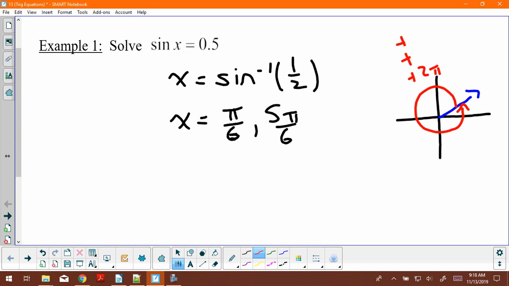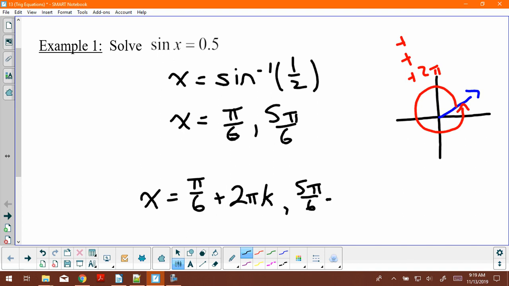So for the general solution to this equation, we're just going to tack on a little extra piece here. So x is equal to pi over 6 plus 2 pi k, or 5 pi over 6 plus 2 pi k, where k is an integer.